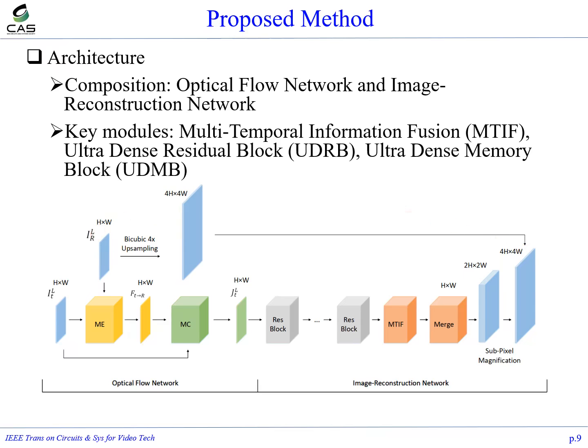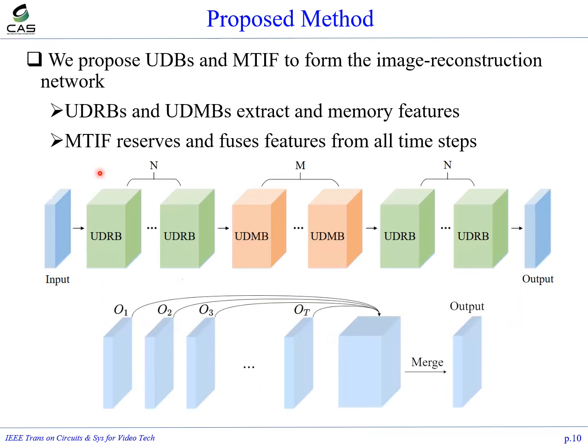super-resolved result. In the image reconstruction network, we mainly propose the ultra-dense blocks and multi-temporal information fusion strategy. Specifically, we first set ultra-dense residual blocks to extract the spatial features. Then, we adopt ultra-dense memory blocks to fuse, update, and restore features of the current frame.